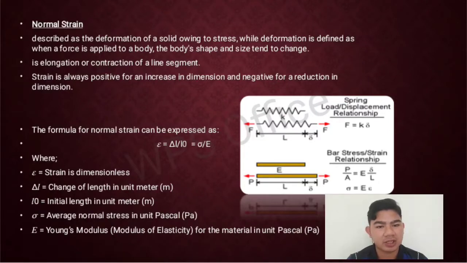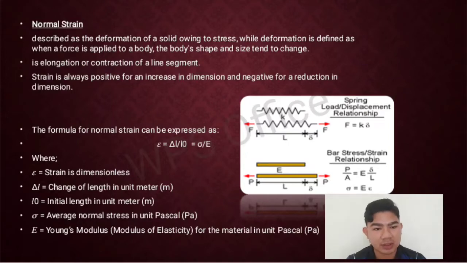Shear strain is the change in angle that occurs between two line segments that are originally perpendicular to one another. This angle is denoted by gamma, and it is always measured in radians. Since strain is a ratio of lengths, it is dimensionless.